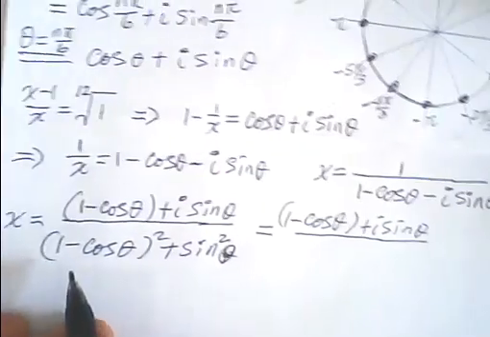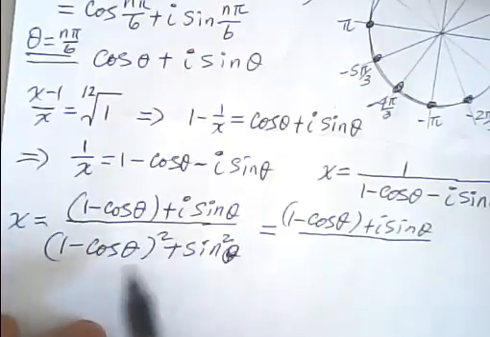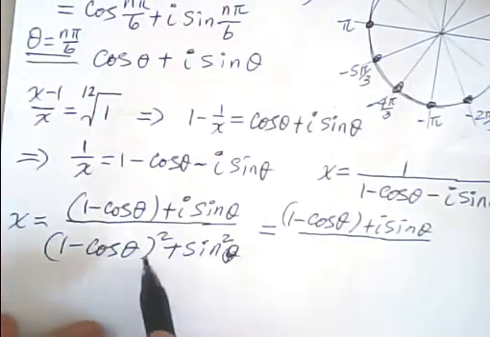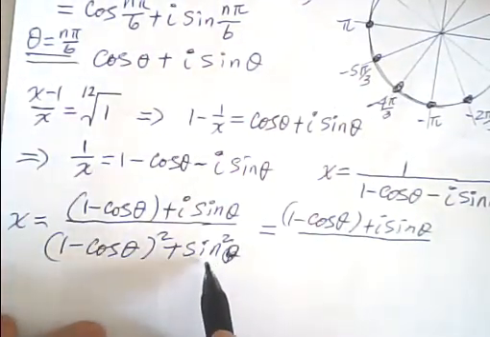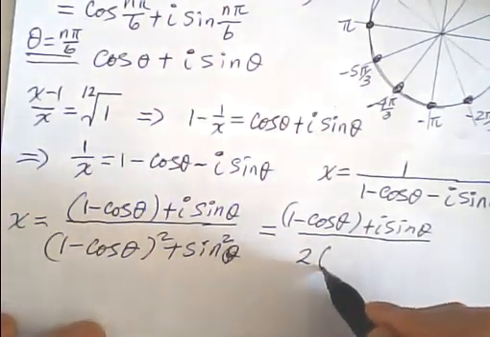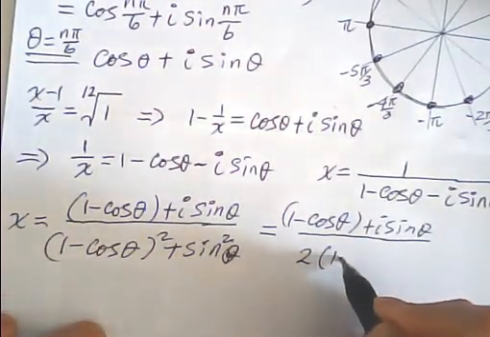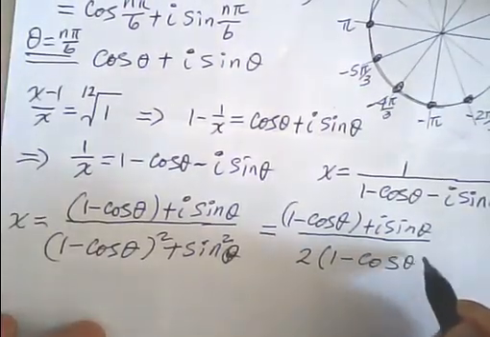And multiplying by this conjugate, the denominator is equal to 1 minus cosine squared theta plus sine squared theta. This will be 1 minus 2 cosine plus cosine square plus sine square. So it ends up with 2 times 1 minus cosine theta. Yeah.